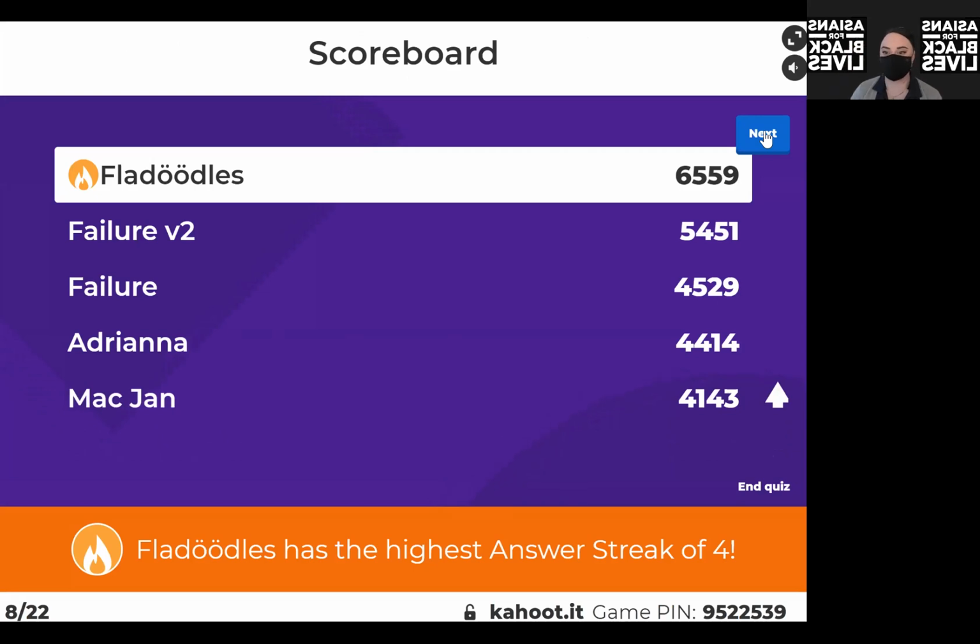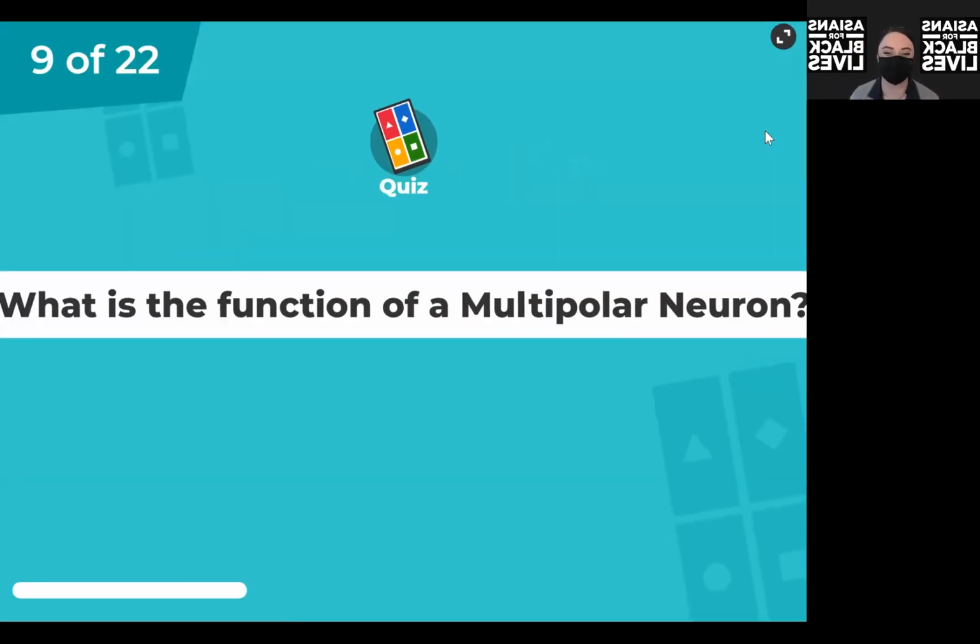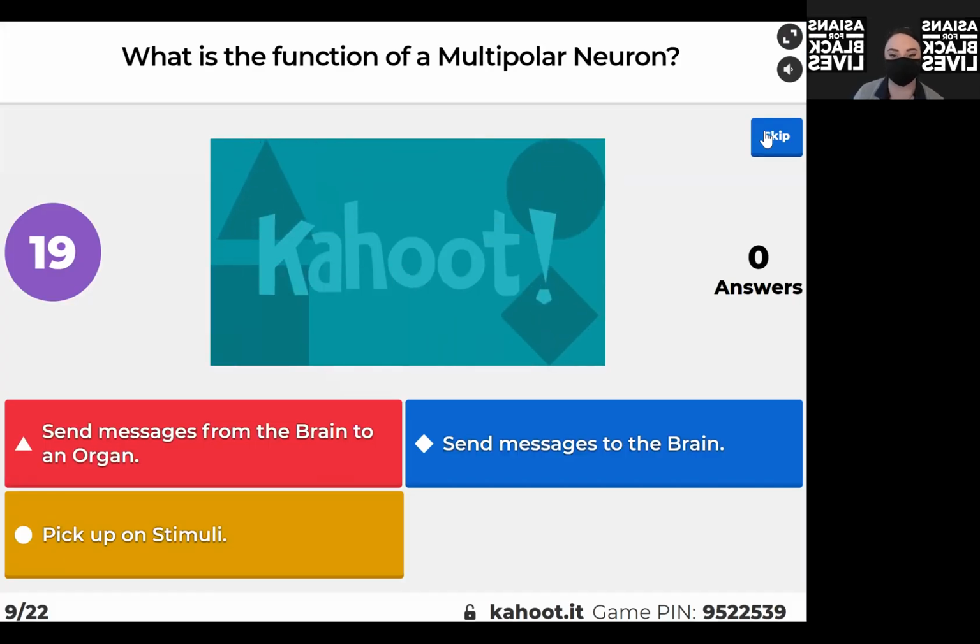What's the function of a multipolar neuron?